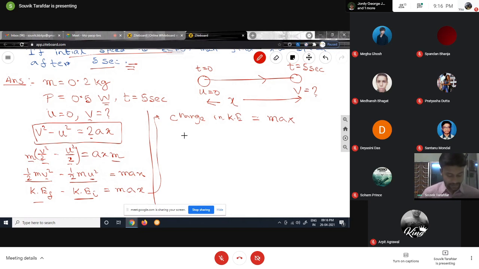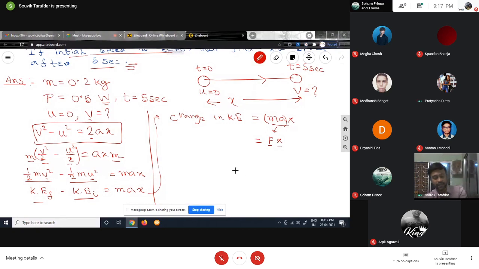Now see, m into a, mass into acceleration, is force, and into x. Now anyone can tell me, force into x, where x is displacement. Force into displacement is equal to what, students?